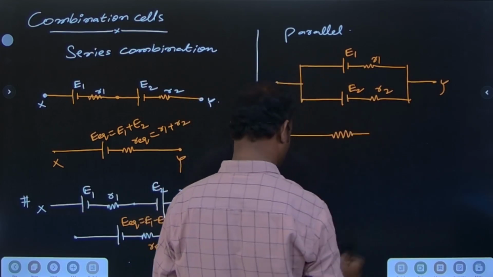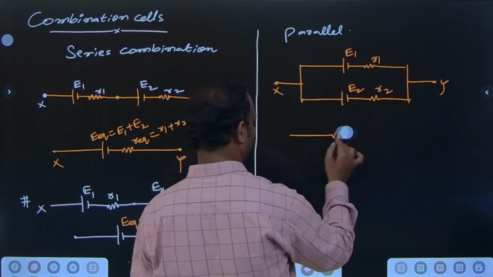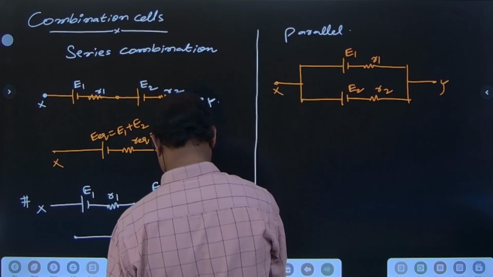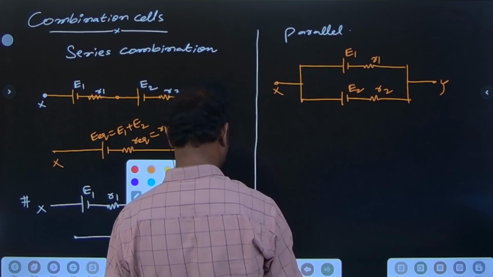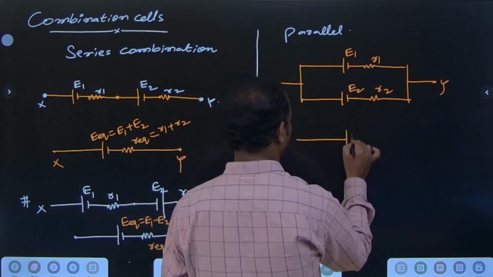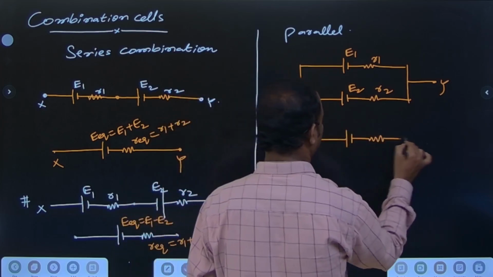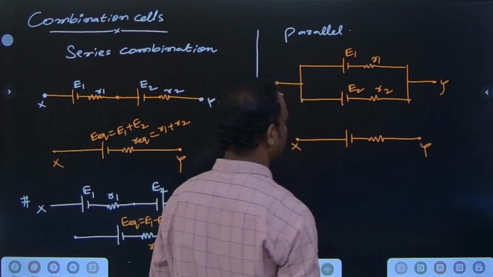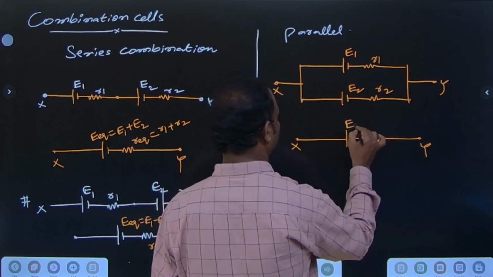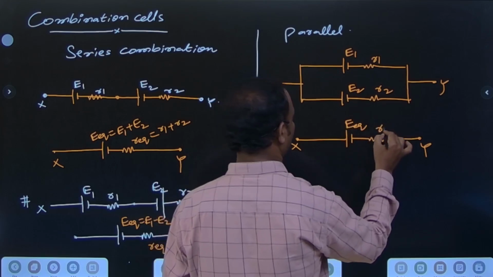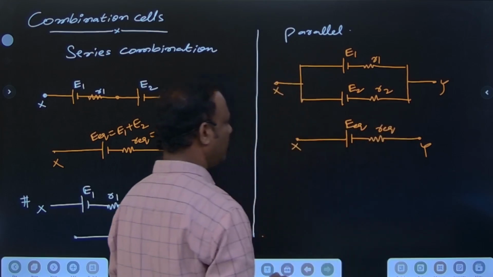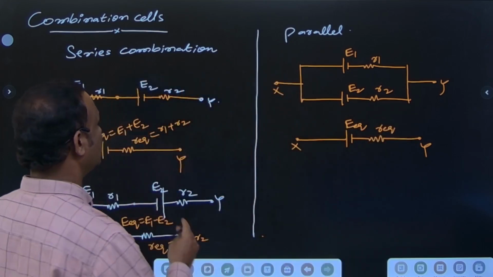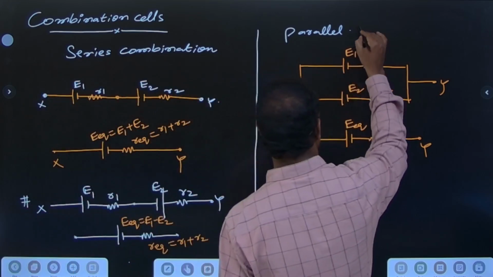So equivalent EMF, next internal resistance R, between X and Y. This is E equivalent, next R effective or R equivalent. Such a very, very important relation.